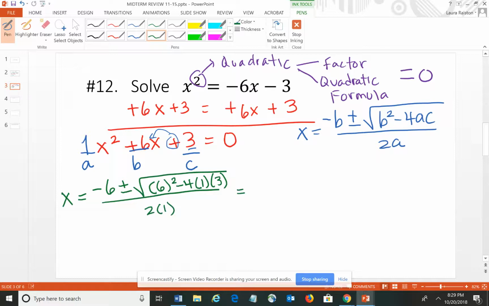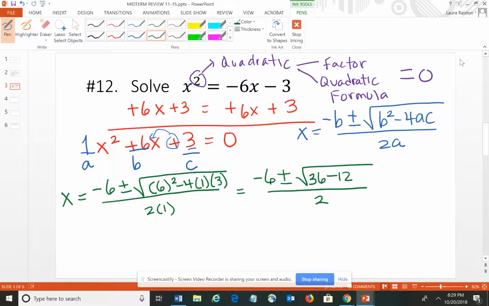Then I need to work through it. So I have negative 6 plus or minus the square root. 6 squared is 36. Minus 4 times 1 is 4 times 3 is 12 all over 2.